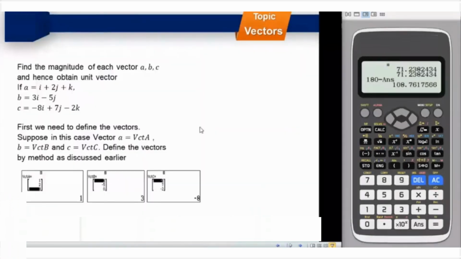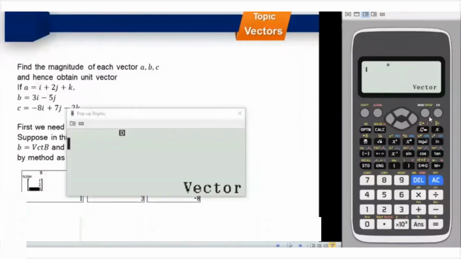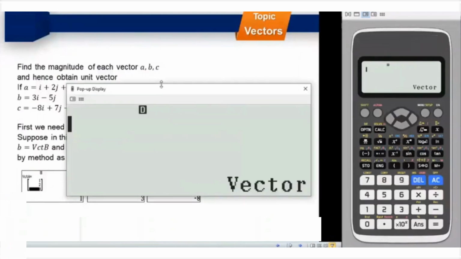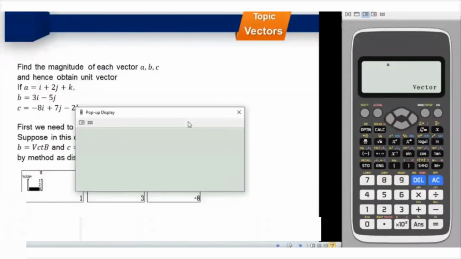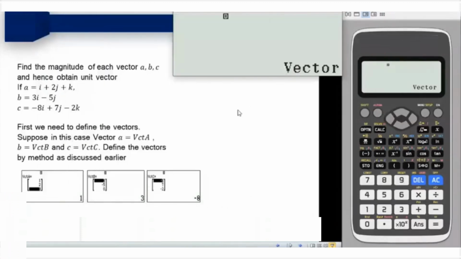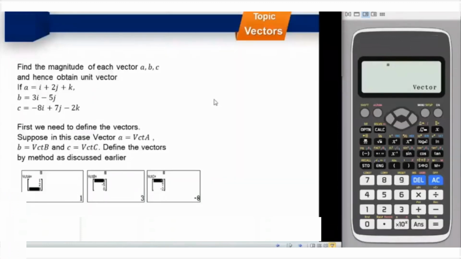So now there is a different set of question on your screen. There is a different set of question on your screens, and you are told to find the magnitude of each vector A, B, and C, and you also need to find the unit vector. I hope people are aware of what unit vector means.